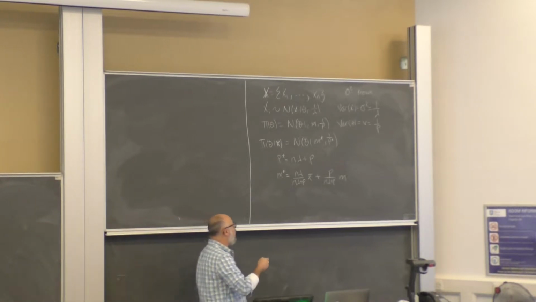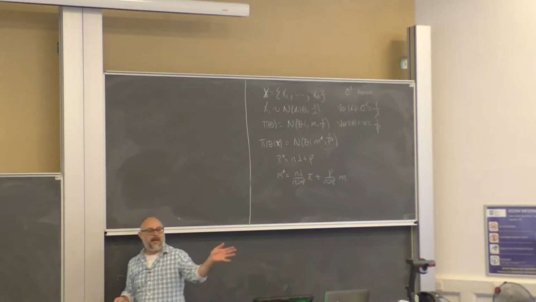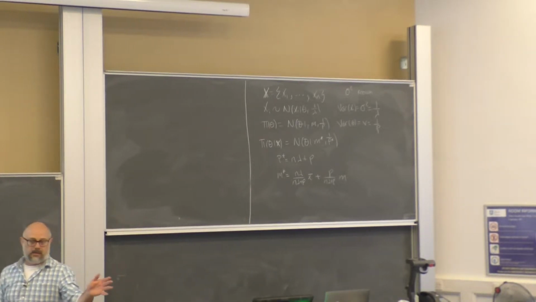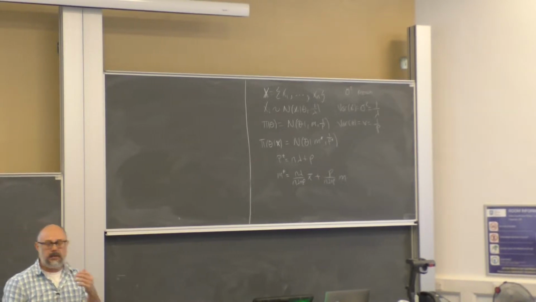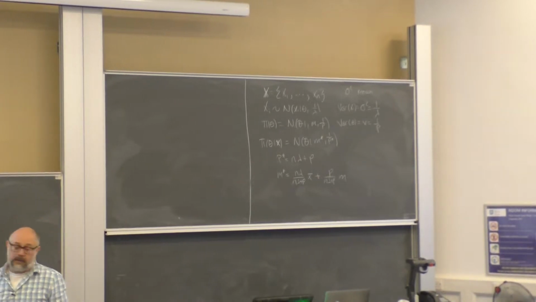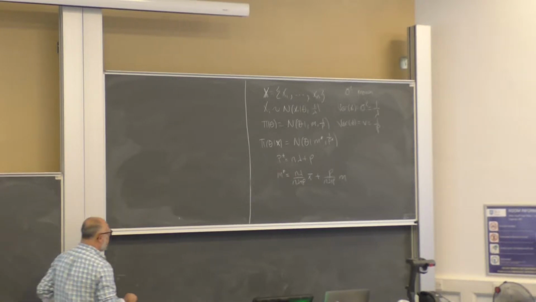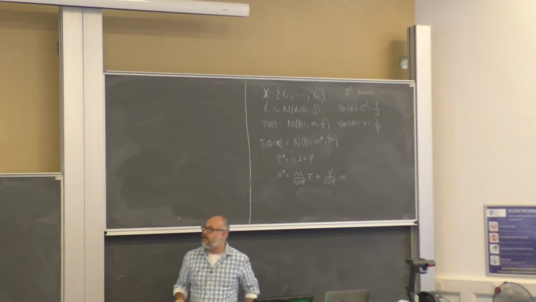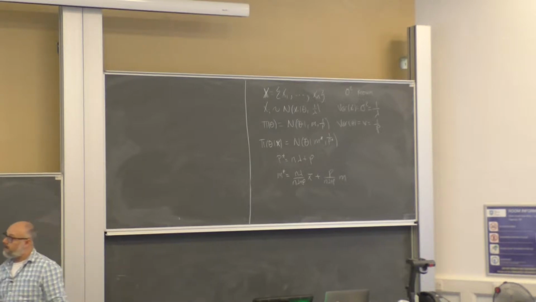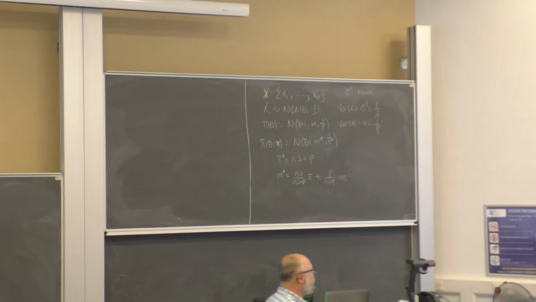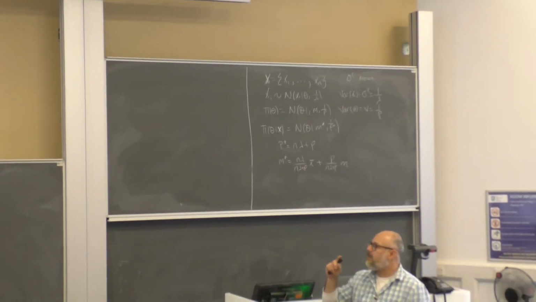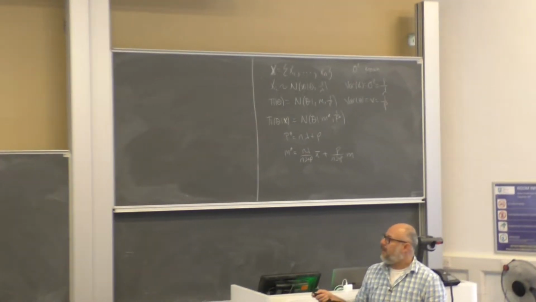So if the precision coming from the prior is higher, it will give more credence to the prior mean, and if the precision coming from the likelihood is higher, it will give a higher credence to the maximum likelihood estimator.